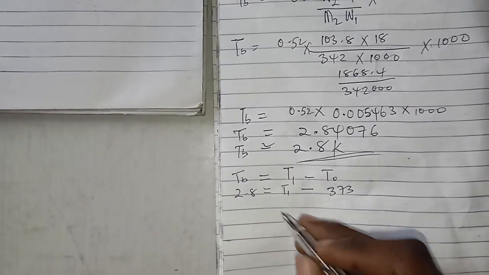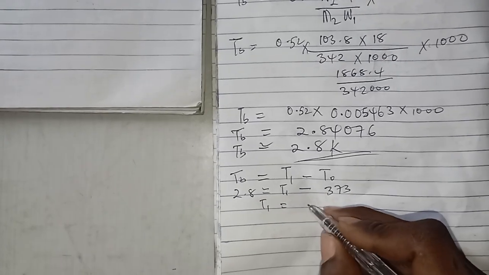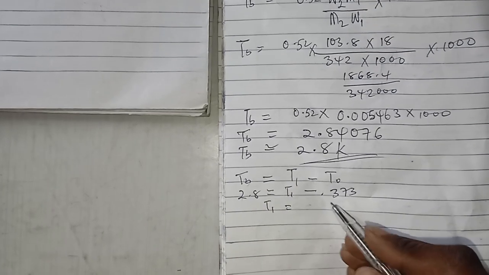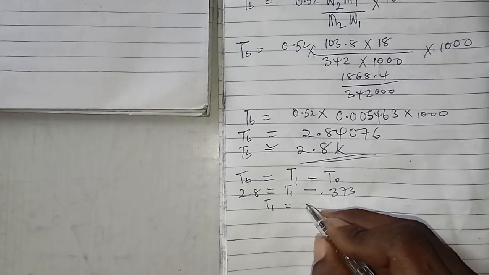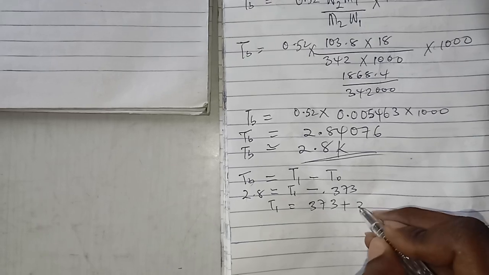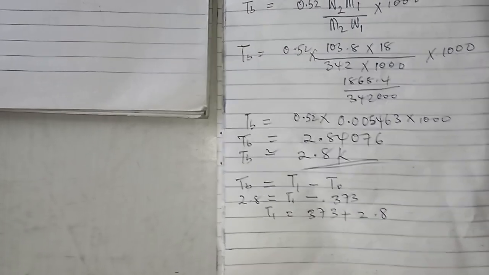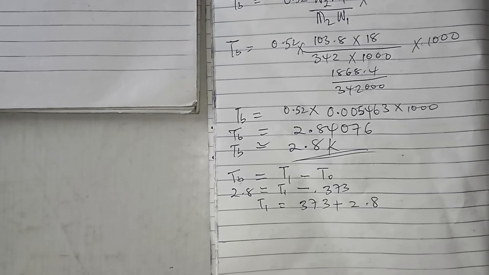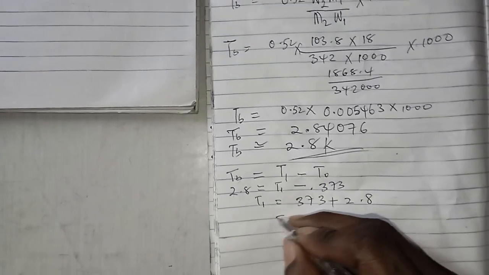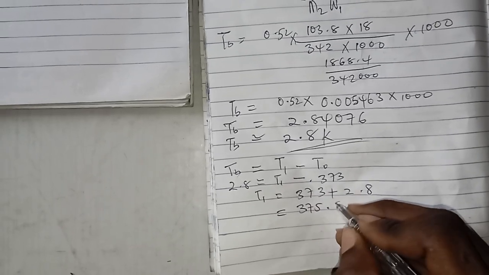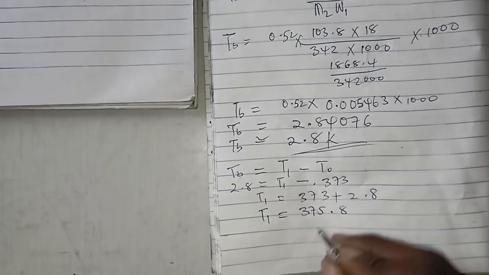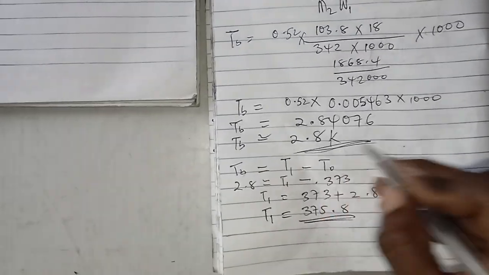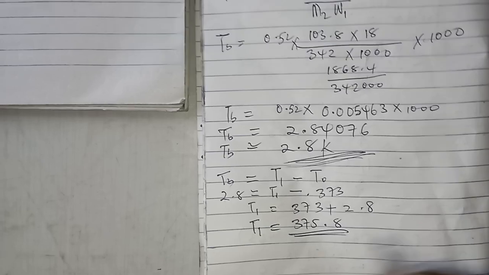Making this the subject of the formula, T1 equals 373 plus 2.8, which gives me 375.8. So the boiling point of the solution is 375.8 K, while the elevation is 2.8 Kelvin.